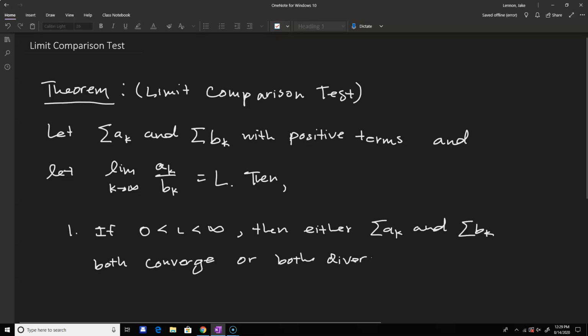So usually that's the case we're going to see, because we have some series in mind that we want to compare it to, and we'll typically want to be comparing it with some series where we understand the behavior of that series.